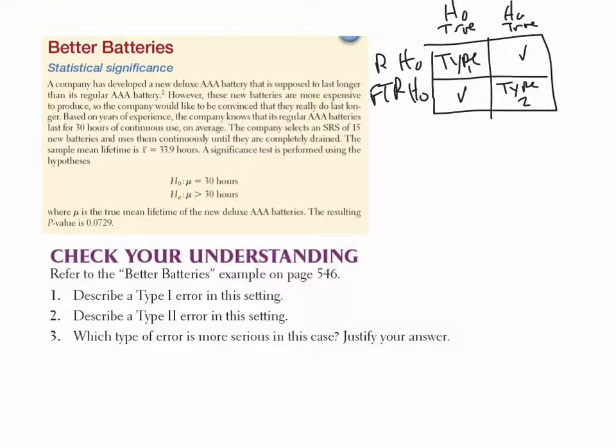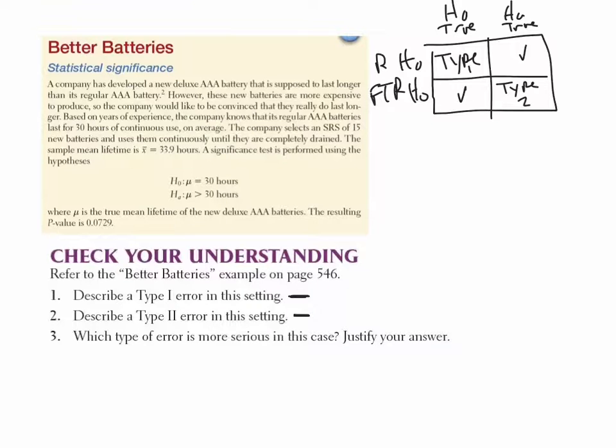We rejected it, but lo and behold, the batteries are 30-hour batteries. That would be the type 1 error. So we rejected the claim that the batteries could last 30 hours, have a lifetime of 30 hours. We say, hey, no, it's more, but in real reality, they were 30.